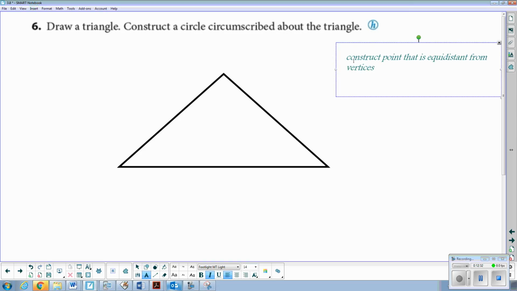Okay, we have a name for that. The circumcenter is equidistant from the vertices.